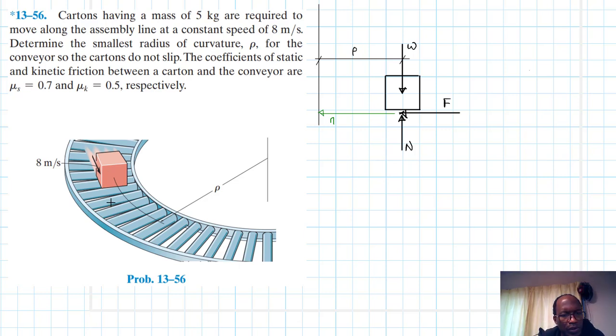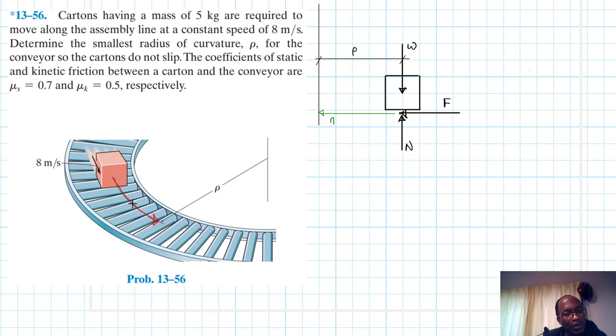The rollers are the ones that are moving, and as the rollers rotate, the box moves in this circular motion. But for the box to move, there has to be friction between the rollers and the box. So right now, as the box is moving in this direction, it is experiencing kinetic friction.